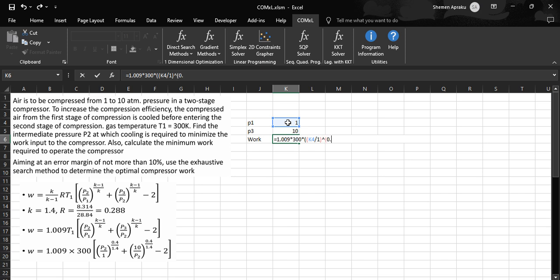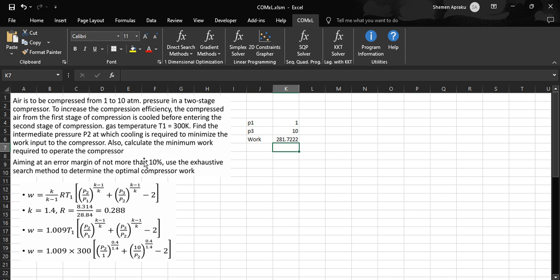So P over 1 power 0.4 over 1.4, I close that power, plus 10 over P power 0.4 over 1.4 minus 2. I close the main bracket, equal to. So I have written my objective function, that is the function for the work minimization.